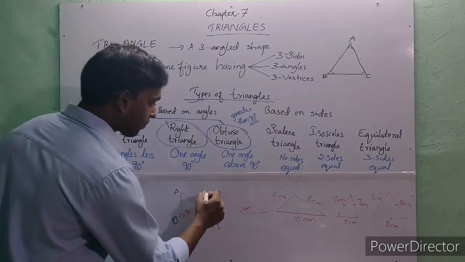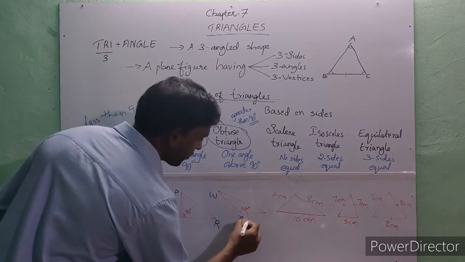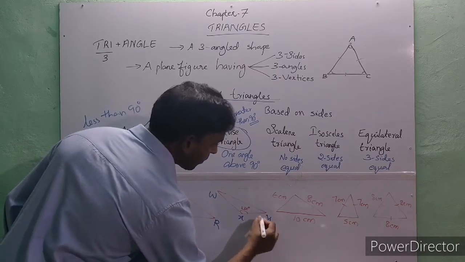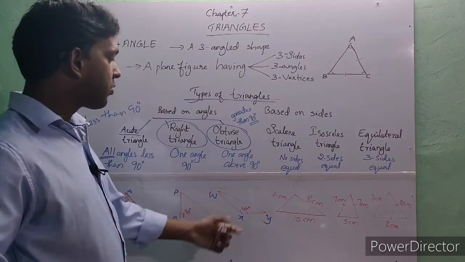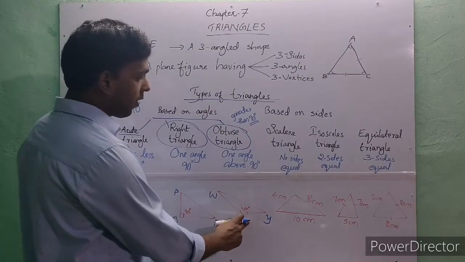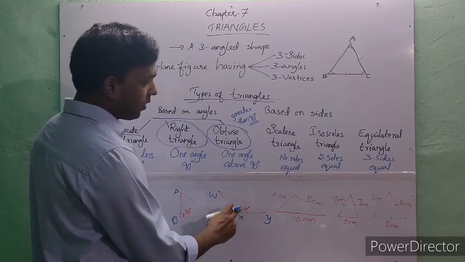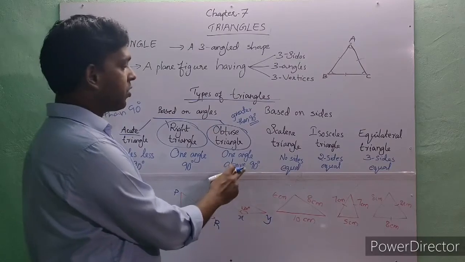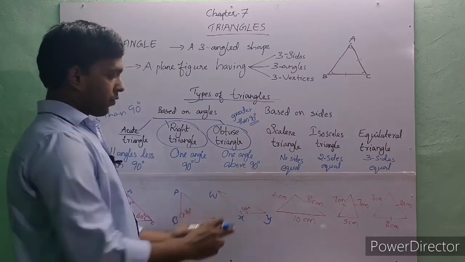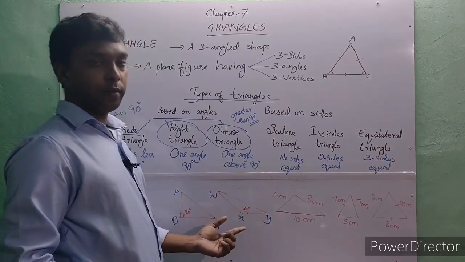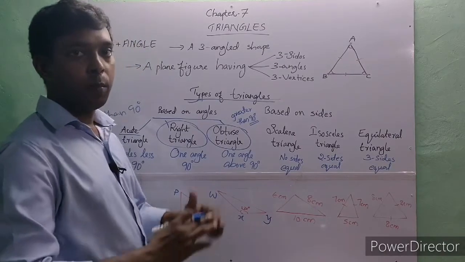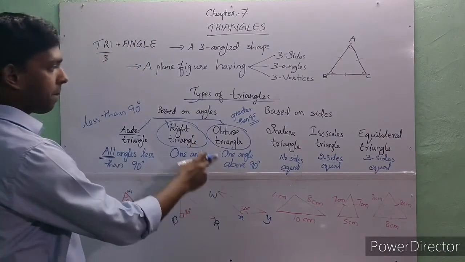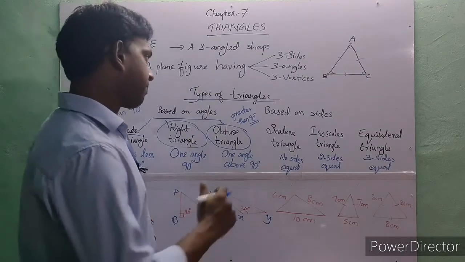Look at this triangle, which we have named WXY. In this triangle, angle X is 130 degrees, which is above 90 degrees. So out of the 3 angles it has got, angle X is above 90 degrees. Therefore, it is an obtuse triangle.